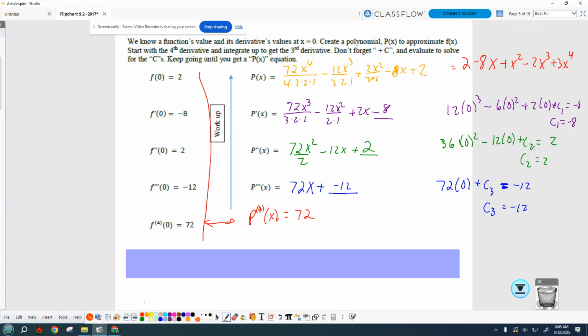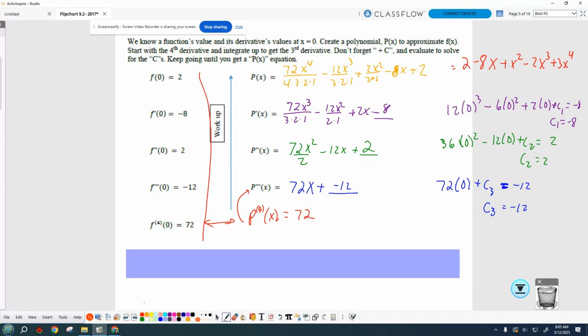So the function was 72, and I'm gonna make my polynomial 72. Then I'm integrating from here, going from the 4th derivative to the 3rd. Just integrating the polynomials. And then I had to add a plus c.